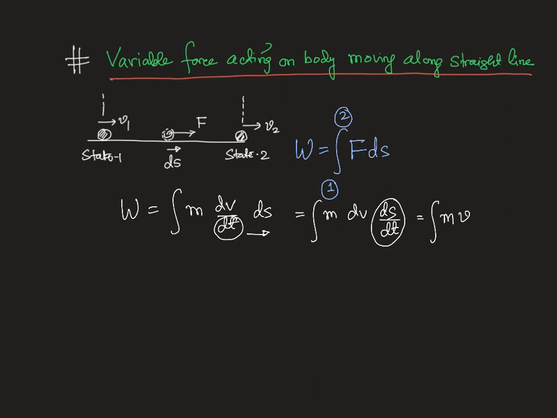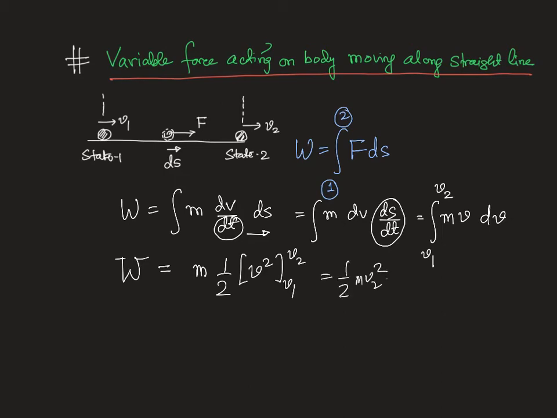So write v here: the integral of mv dv from state 1 to state 2, in terms of v, so v1 to v2 are the speeds at state 1 and state 2. This work done is m times the integral, half v square; putting in the limits, half mv2 square minus half mv1 square. That is kinetic energy at 2 minus kinetic energy at 1.